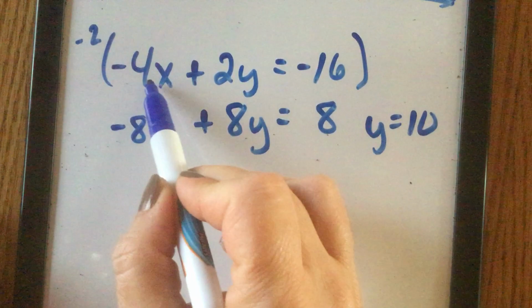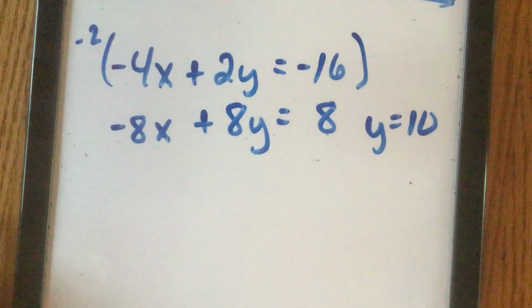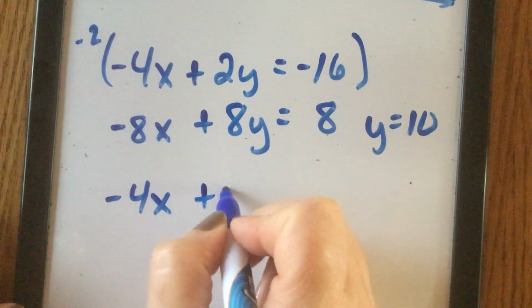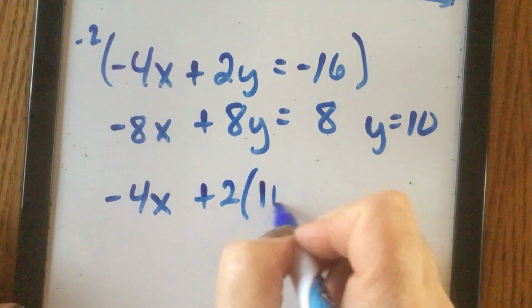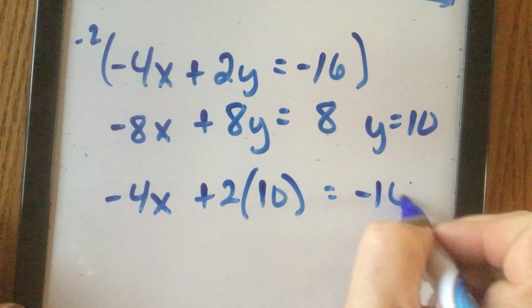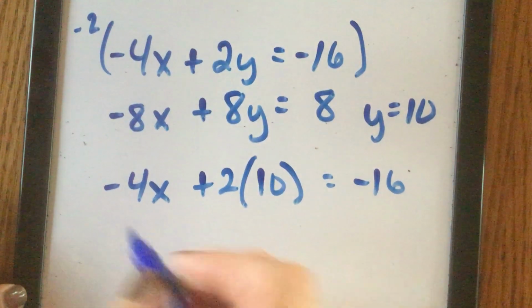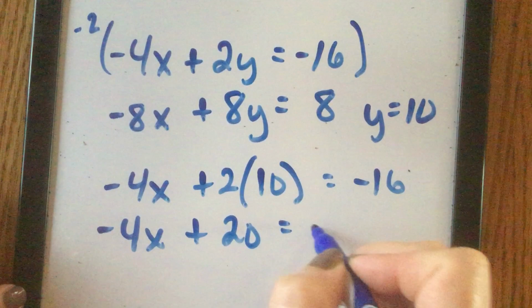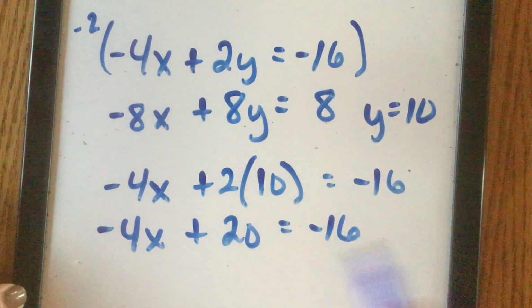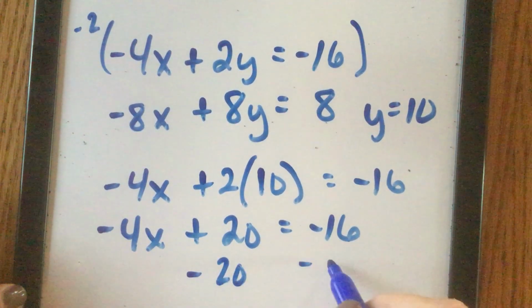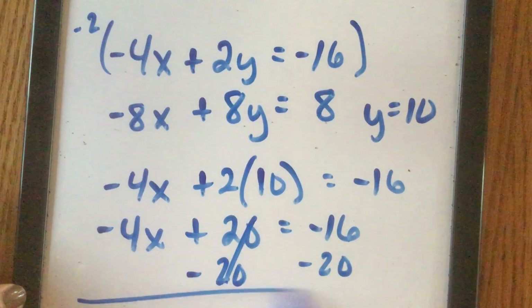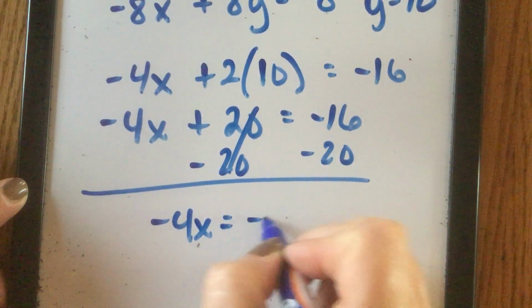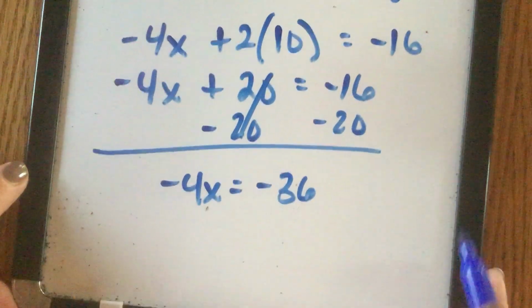So I'm going to take it into this first equation before we multiplied it by negative 2, because that's my smallest numbers. So negative 4x plus 2 times y, which is 10, equals negative 16. So that's negative 4x plus 20 equals negative 16. So I'm going to subtract 20 from both sides, and that's going to give me negative 4x equals negative 36.